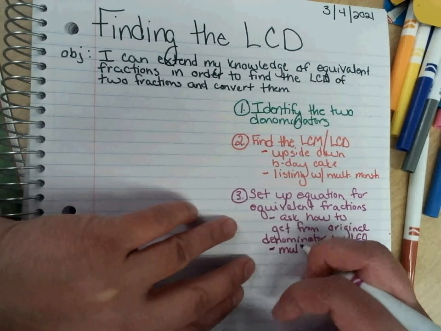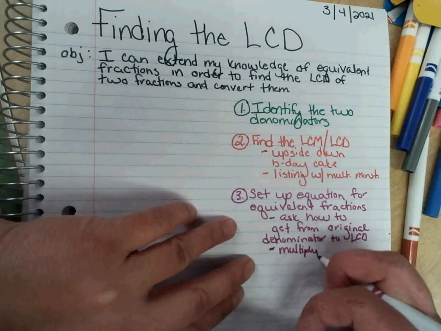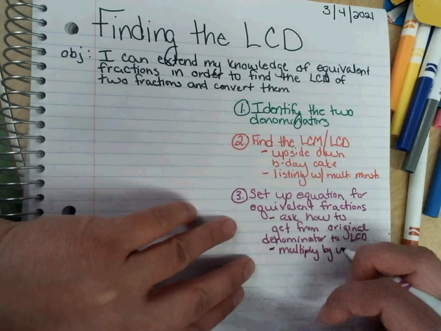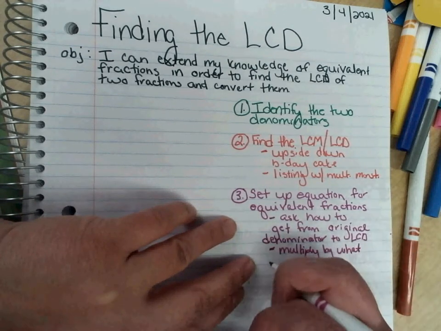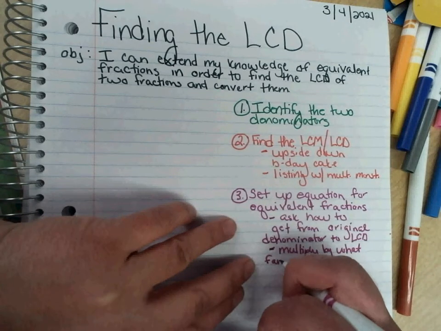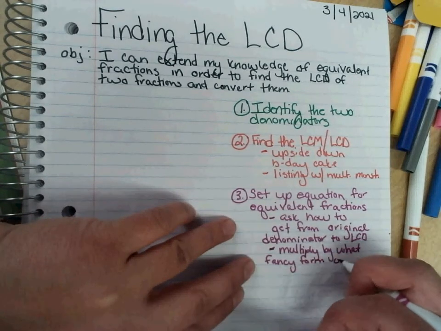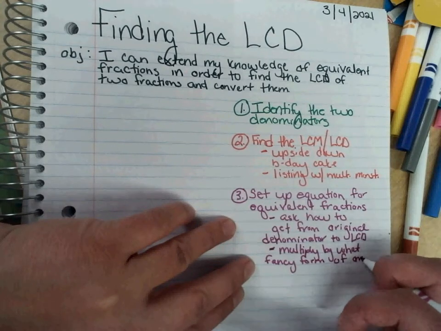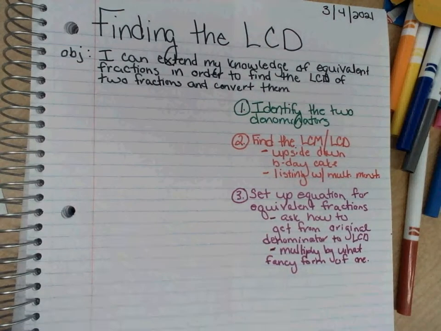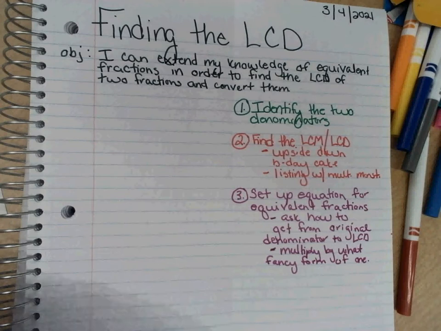Could be also we multiply by what fancy form of 1. Okay, and we multiply here because for the most part they're going to be getting larger.